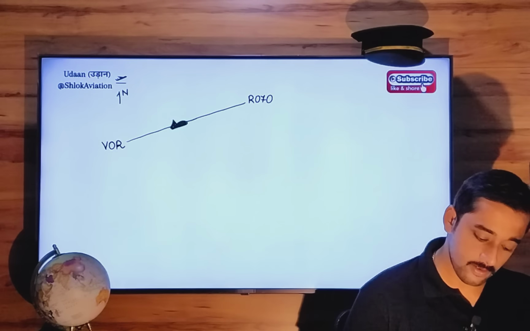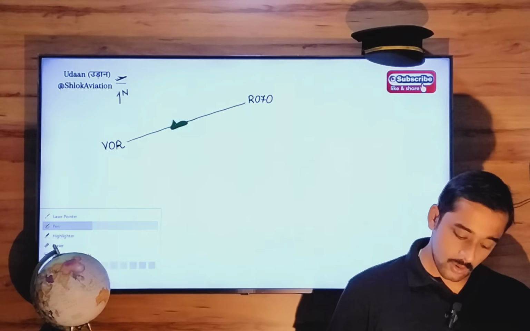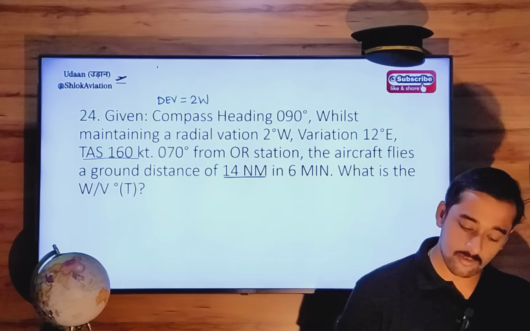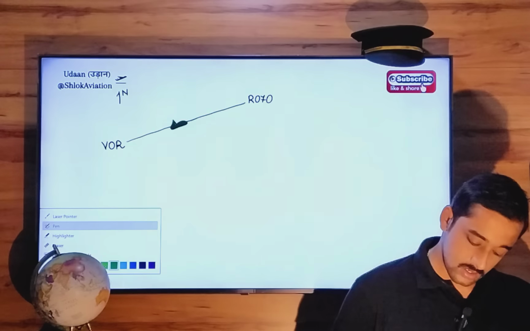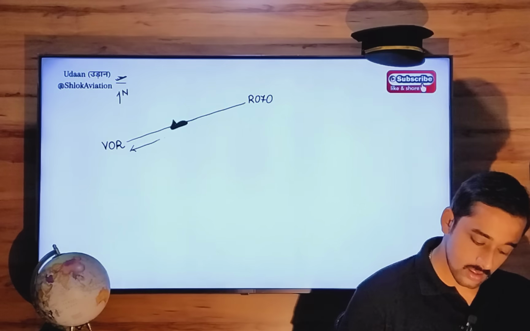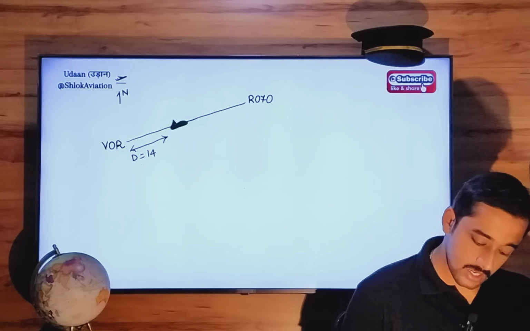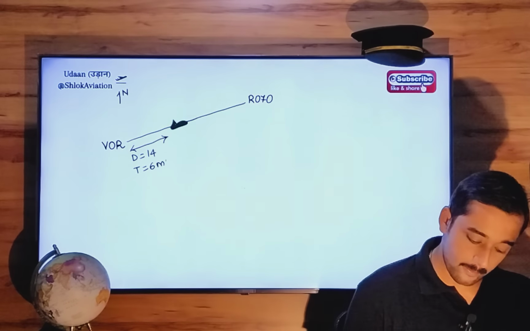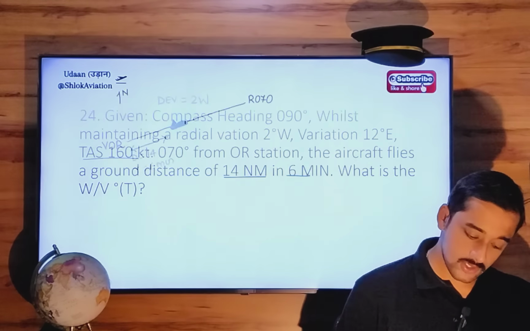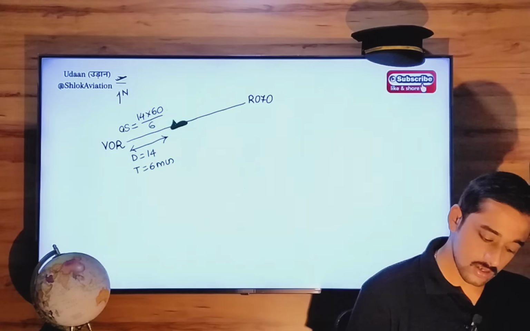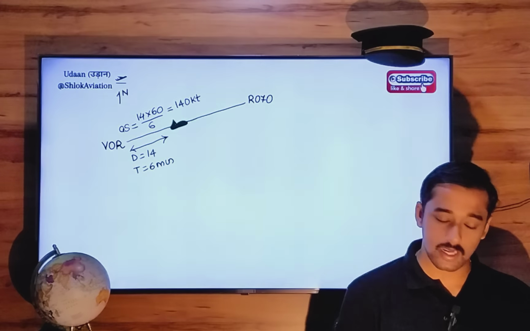Disregard the heading of aircraft as of now. You are 14 nautical miles away. Time 6 minutes. This gives you a ground speed of 14 into 60 divided by 6, which is 140 knots. So ground speed of 140 knots.